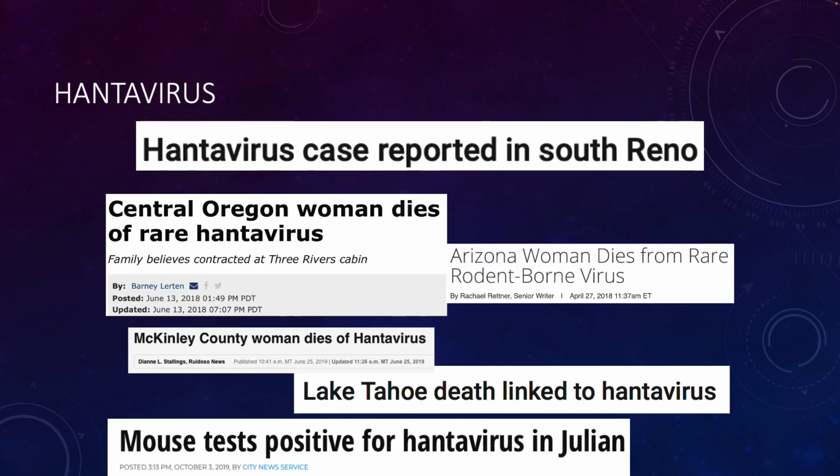And these are just some headlines I pulled from different parts of the country: Reno, Central Oregon, Arizona, New Mexico, California. So not uncommon.